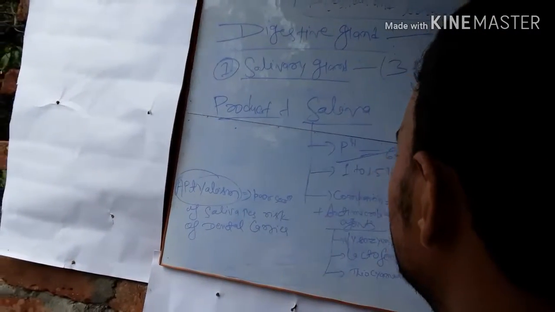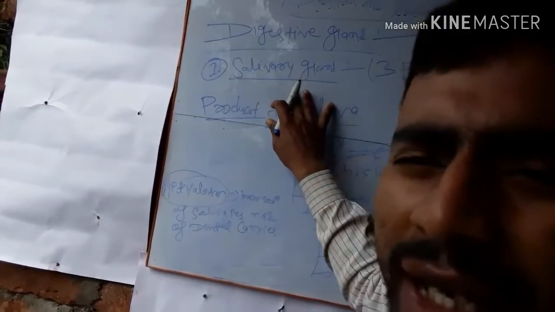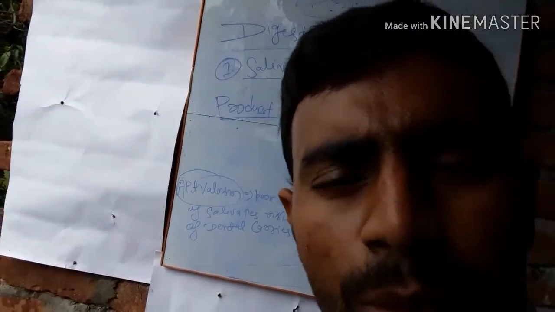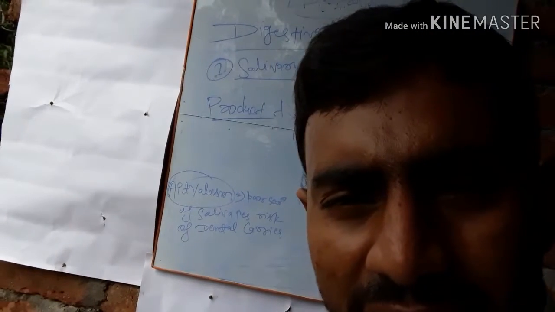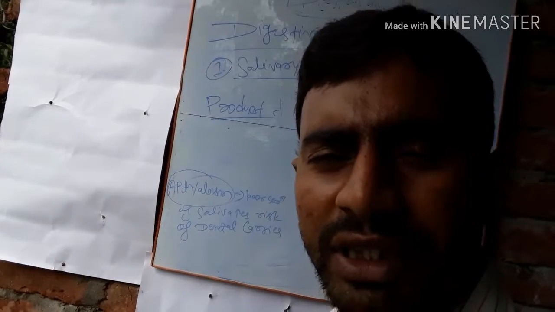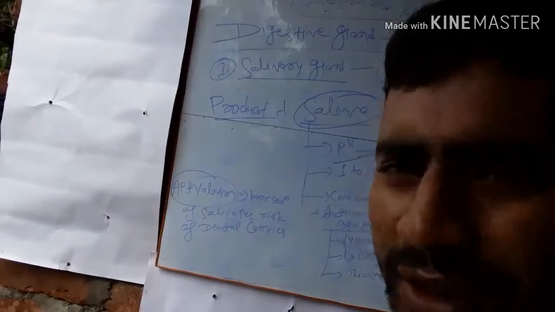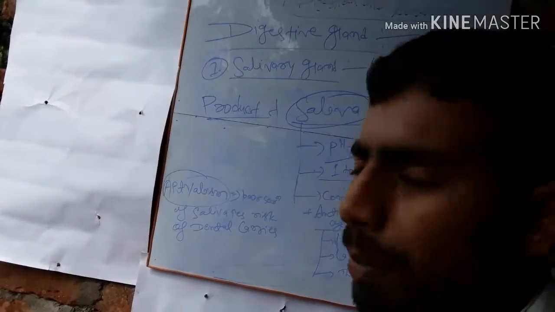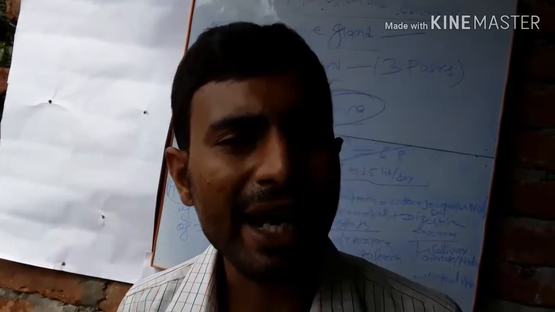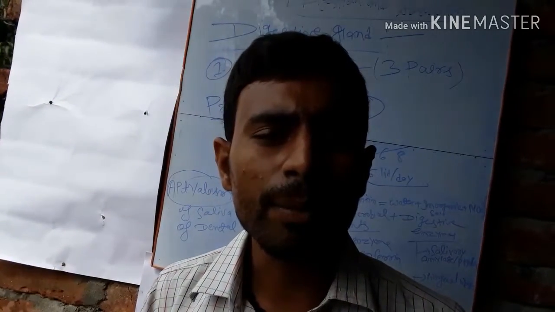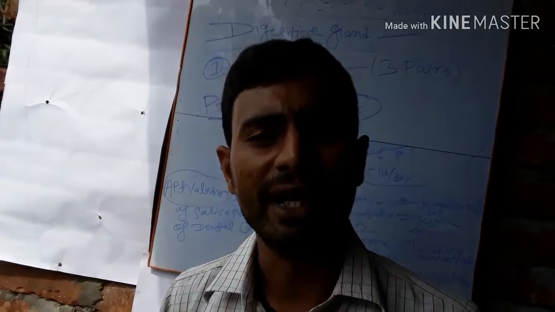The salivary gland produces saliva, 1 to 1.5 liters per day.